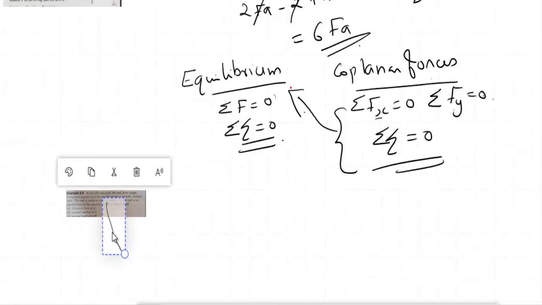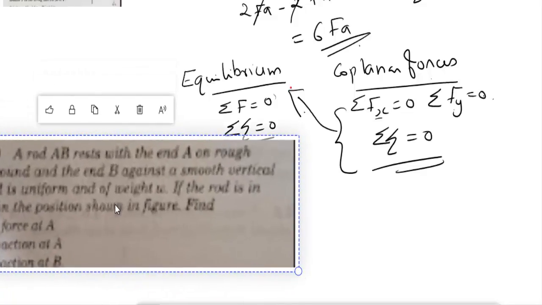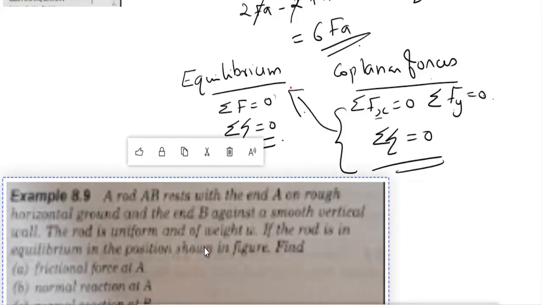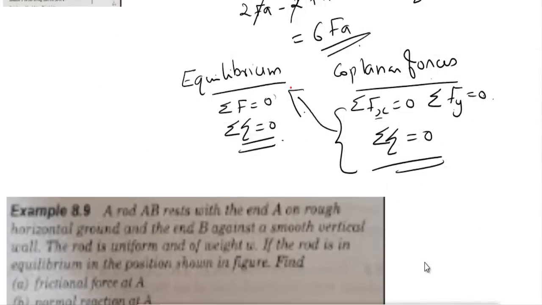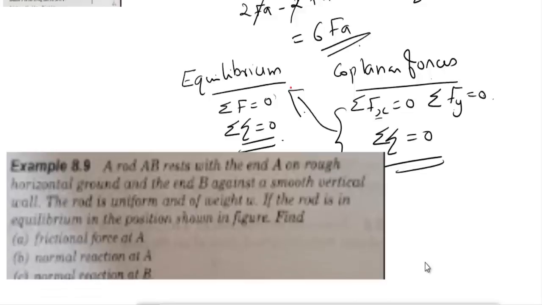For that, first I'll remove this, and here considering this: a rod AB rests at the end A on rough horizontal ground and the end B against a smooth vertical wall.